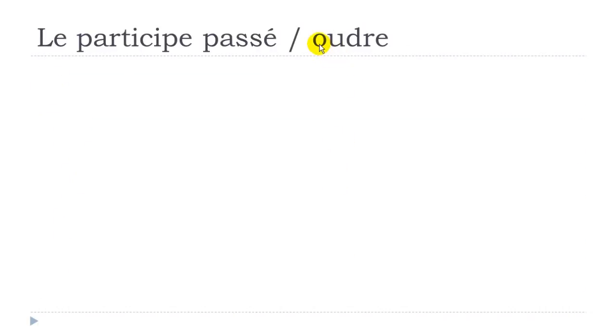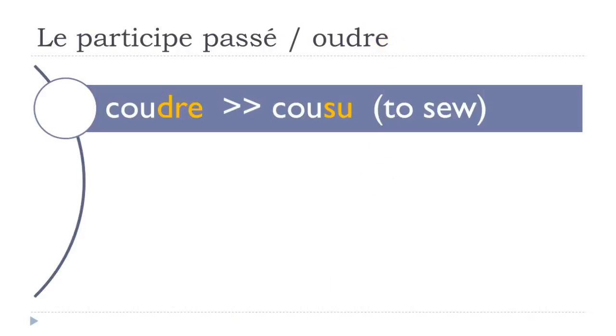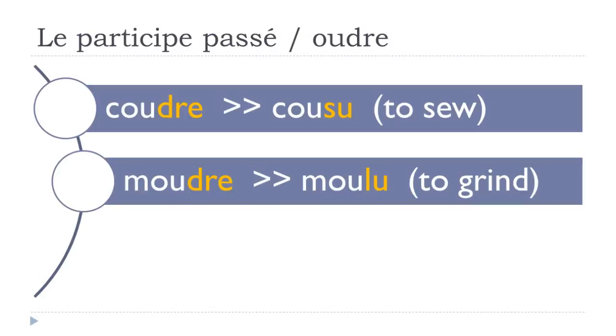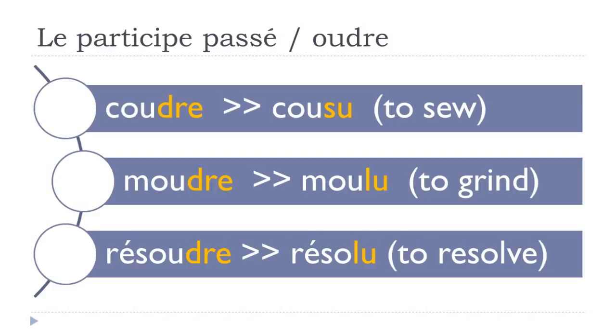And now let's discover the OUDRE verbs like coudre, cousu, moudre, moulu, résoudre, résolu. So it's just to show you that some verbs can be really irregular, and it's quite easy in some cases to make some groups and subgroups.